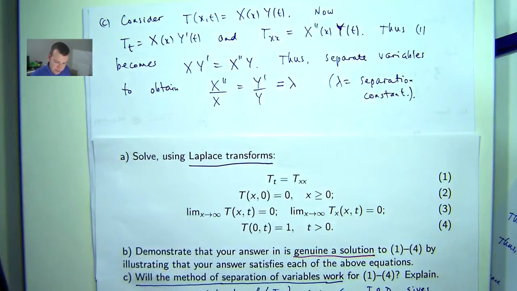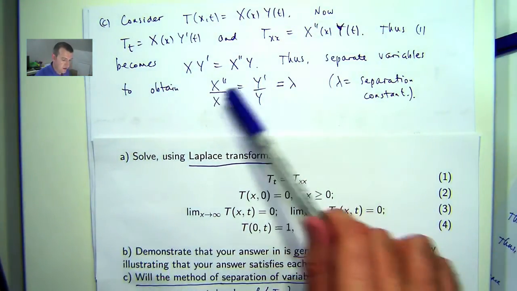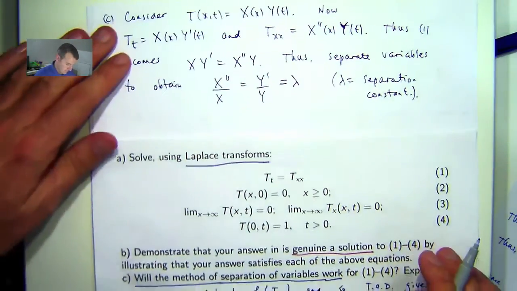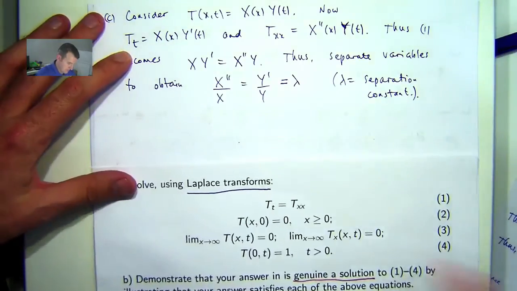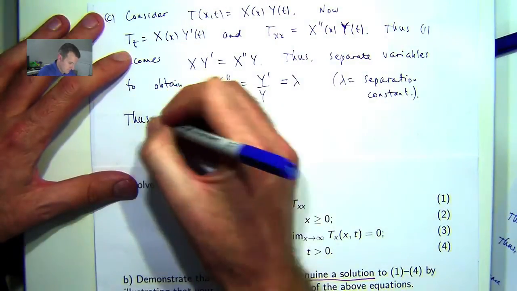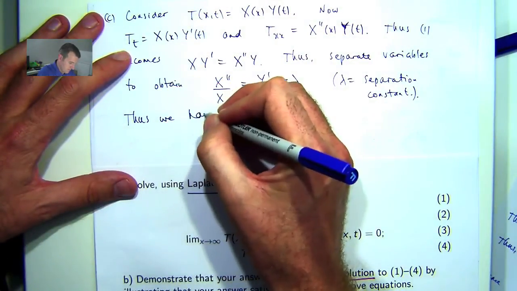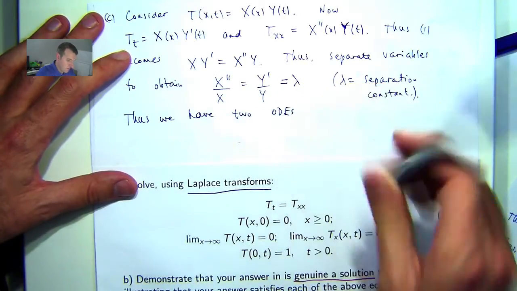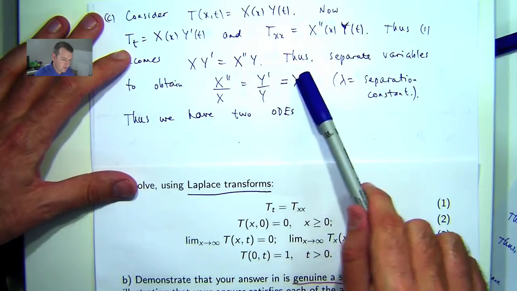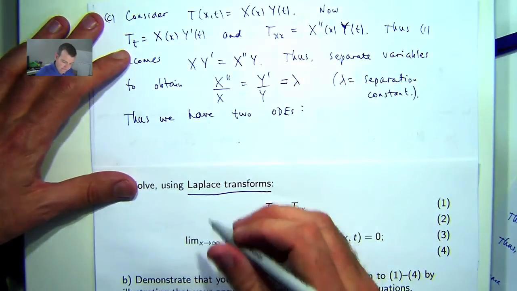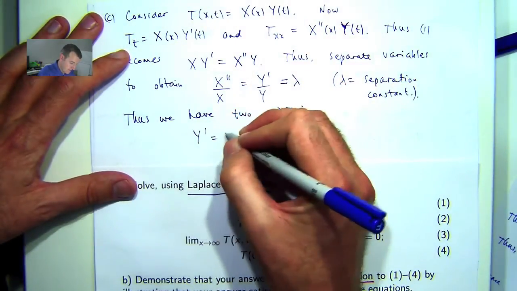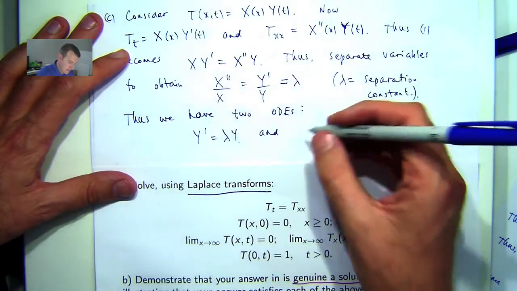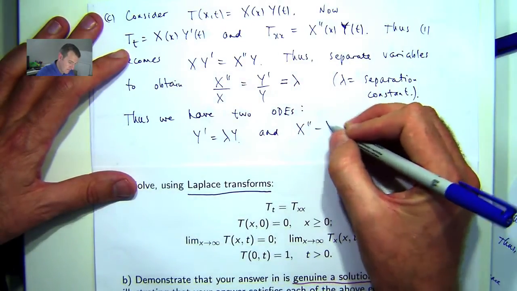Okay, so now what I can do is build two ODEs out of this involving lambda. We're going to have Y prime equals lambda Y. And we're going to have X double prime minus lambda X equals 0.